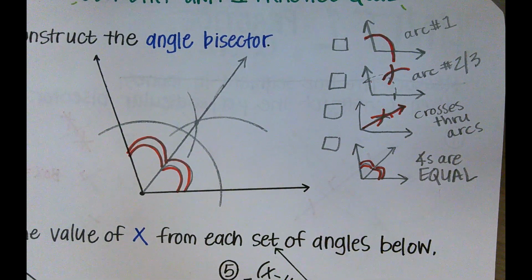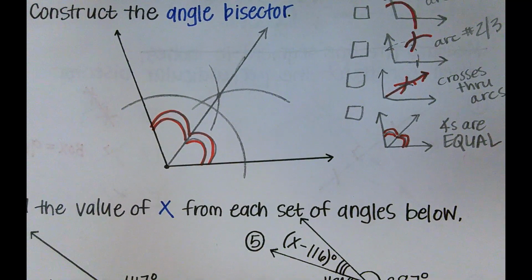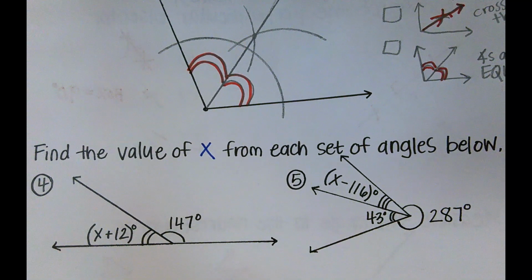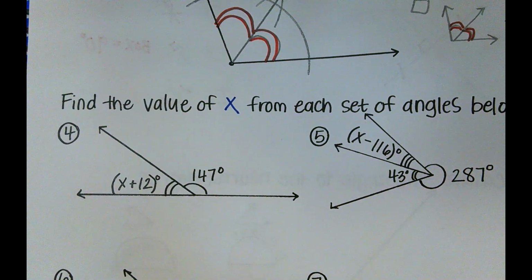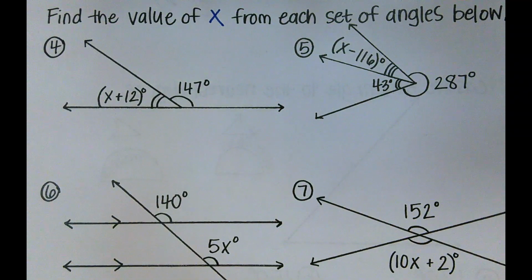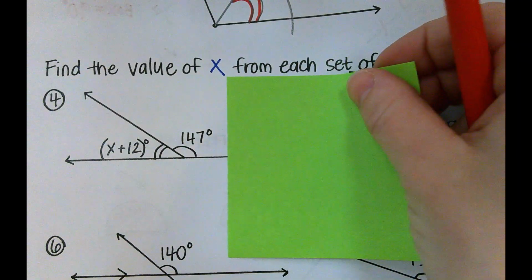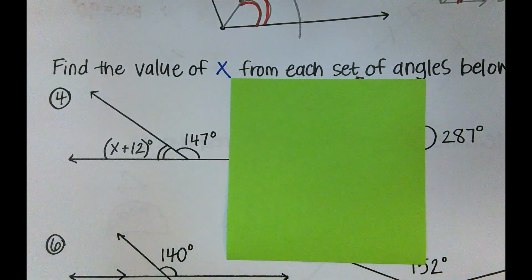Alright. Let's go ahead and move down to our angle problems now. And now we're going to be setting up some equations. Whenever we have these different sets of angles, something I find helpful is keeping a little guide of the different things we might see. So for example, I'm going to get a sticky note out and draw a few little things to help me.